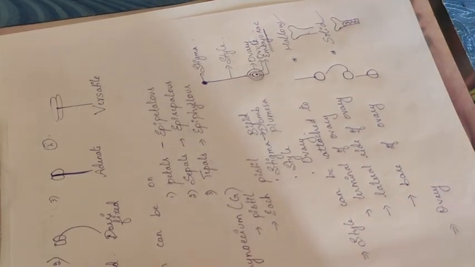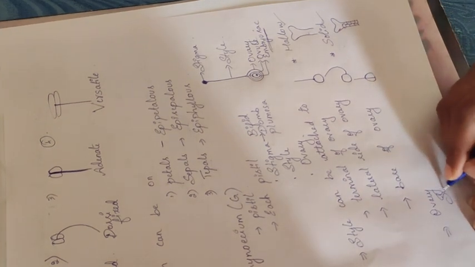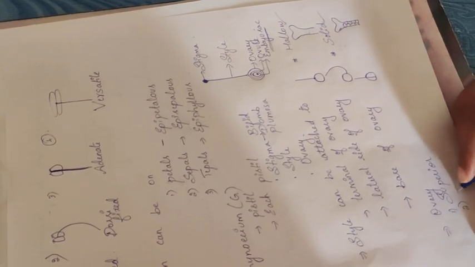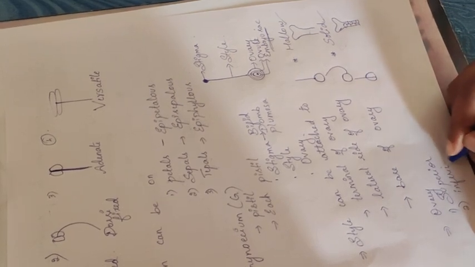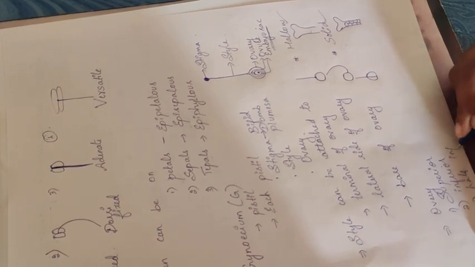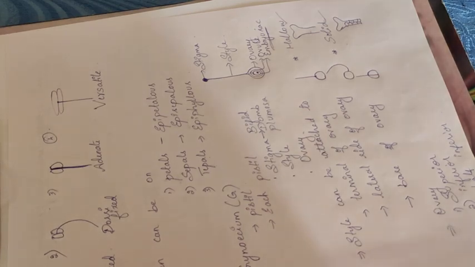Clear? And previously in your class 11 you have also studied that the position of the ovary can be superior, or it can be inferior, or it can be half inferior. Clear?